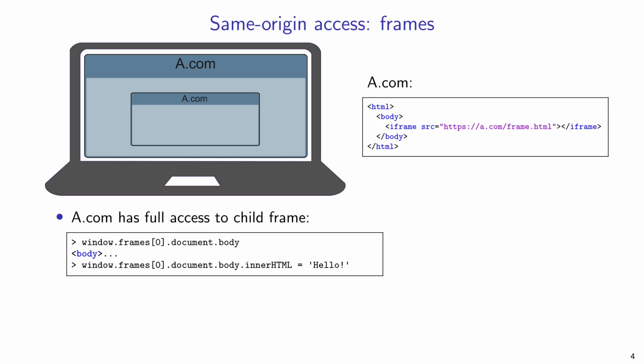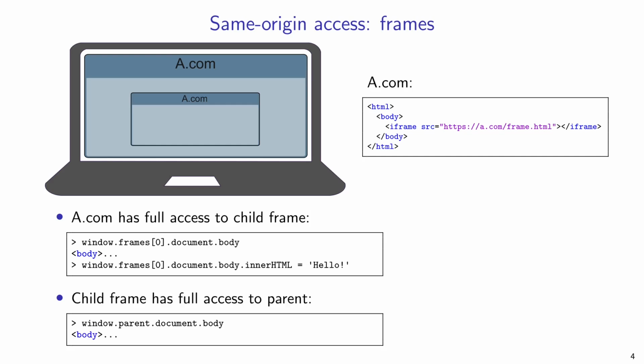So in JavaScript, the window.frames object can be used to access frames embedded in the website. Now, the child frame also has full access to the parent website by accessing the window.parent object. So frames or iframes are the most basic same origin access method, although today modern websites should not use this method for same origin communication.